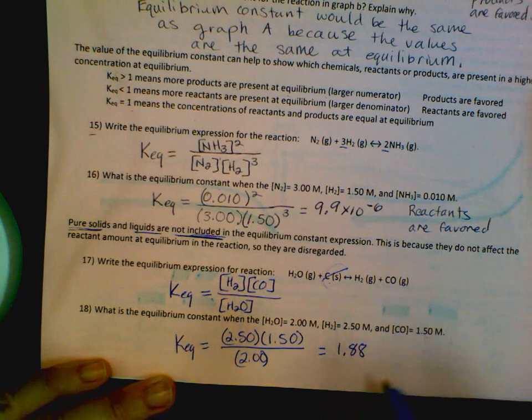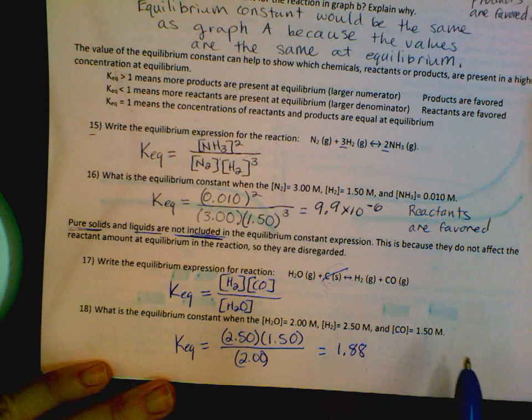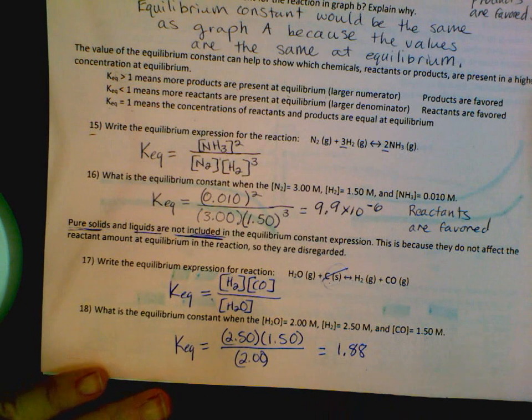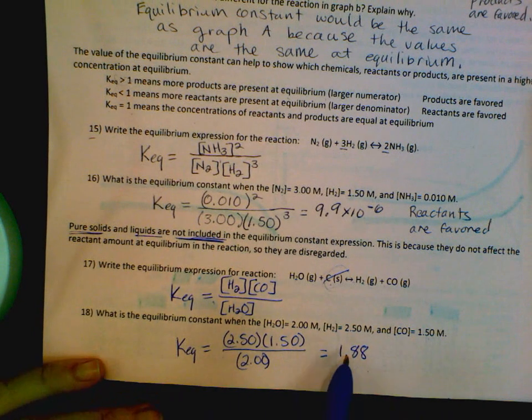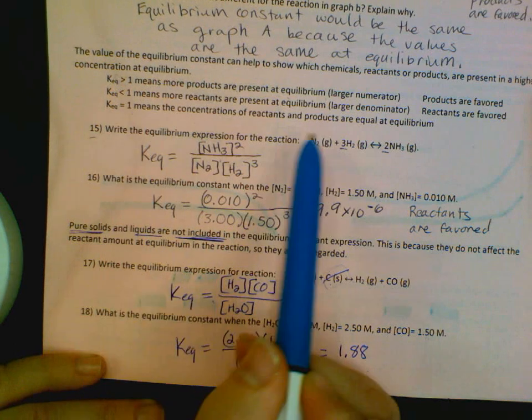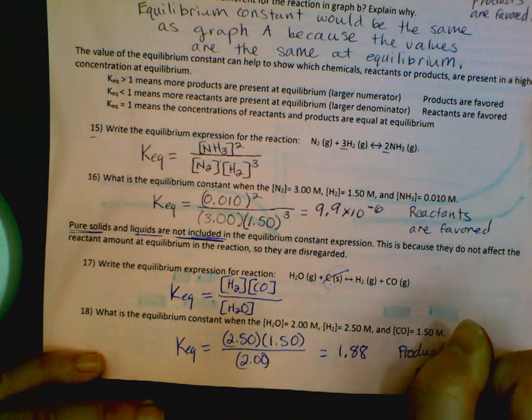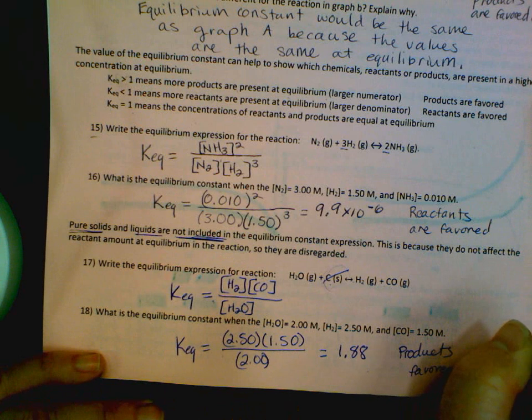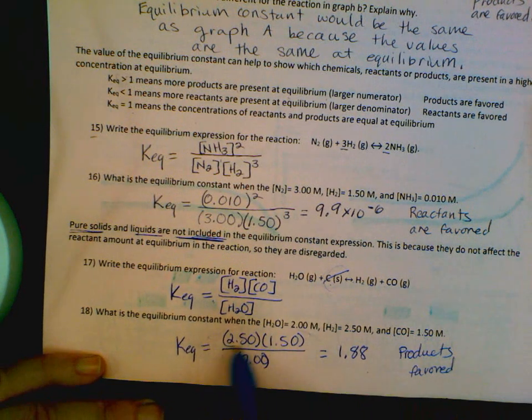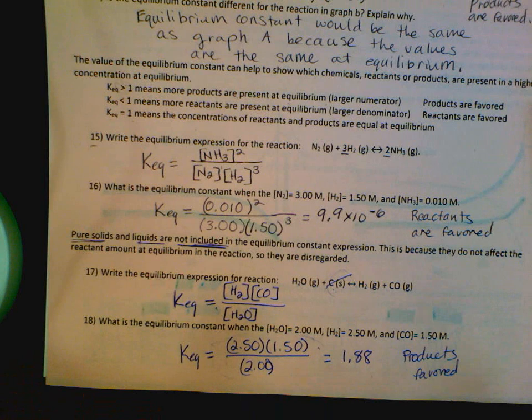It's our equilibrium constant. All right, are the reactants or products favored? We've got a value that is greater than 1. Products are favored. What that means is that this top number is larger overall than this bottom number. Okay? We have more products overall than we have reactants.